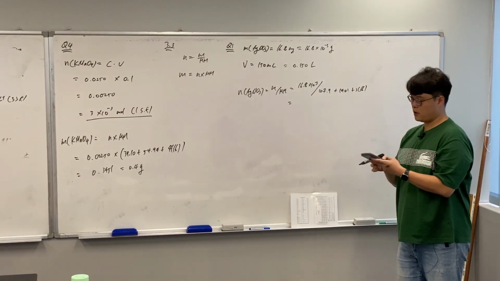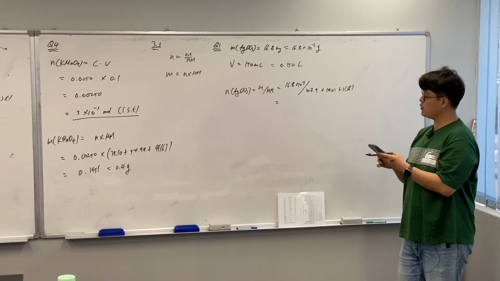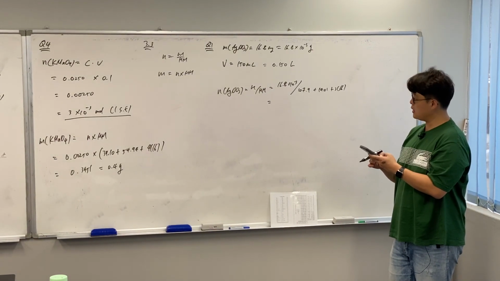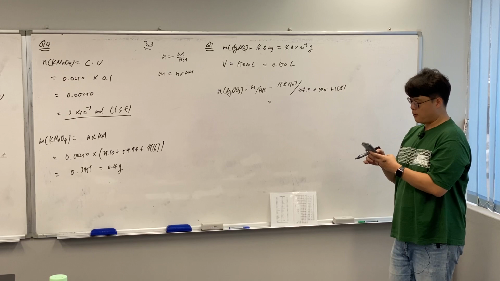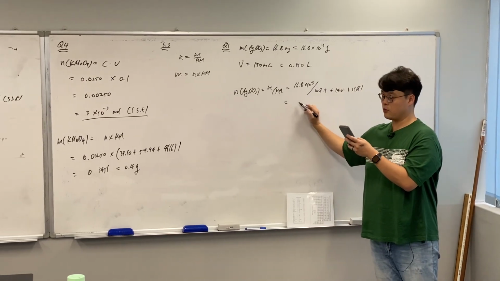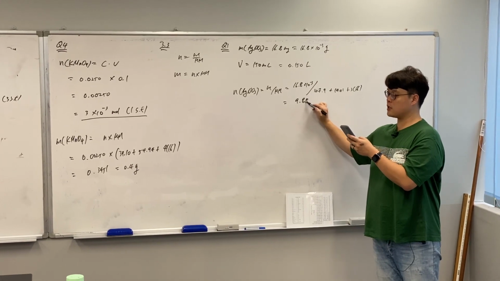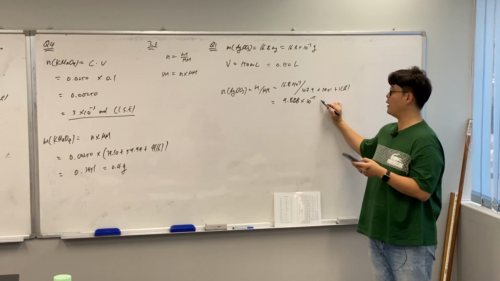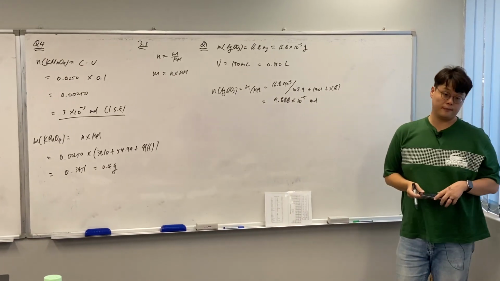Then you put that in your calculator. You should get, oh, that's a small value, 9.888 times 10 to the power of minus 5 mole.